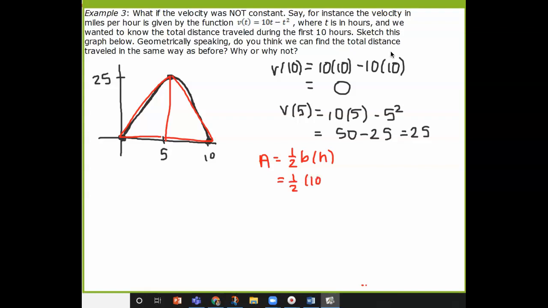So my base is 10 and my height is 25. So I get 5 times 25, or 125. And again, if this is velocity in miles per hour, that would mean they drove approximately 125 miles.